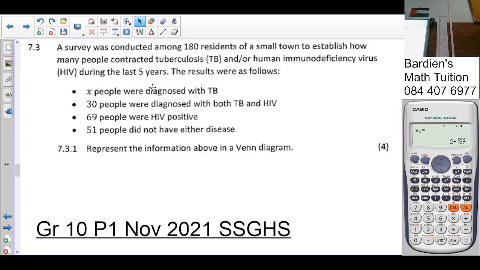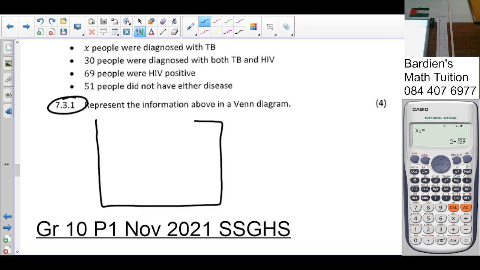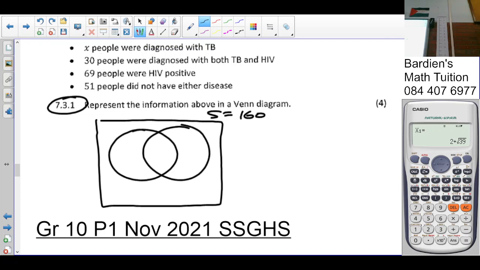So we have 180 residents in total. That's your sample. We are also asked to represent the above information in a Venn diagram. So the sample space is going to be 180, because there's 180 in total. We have the tuberculosis, which is TB, and HIV.